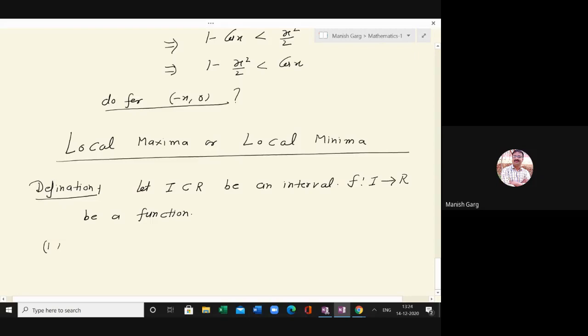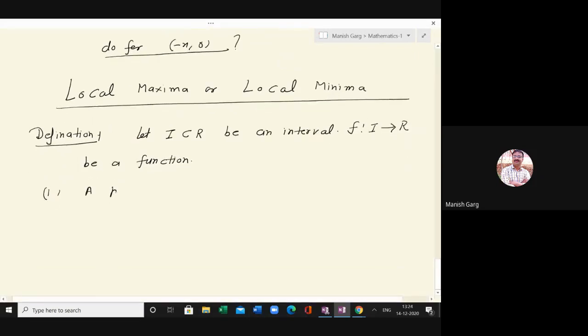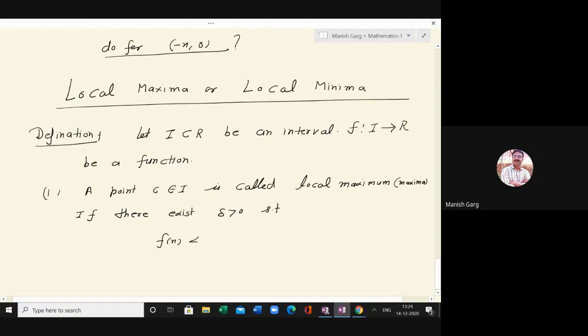First definition. It says a point c, element of I, is called local maximum, some books say maxima, if there exists delta greater than 0 such that f x is less than or equal to f c for all x in the interval c minus delta to c plus delta.